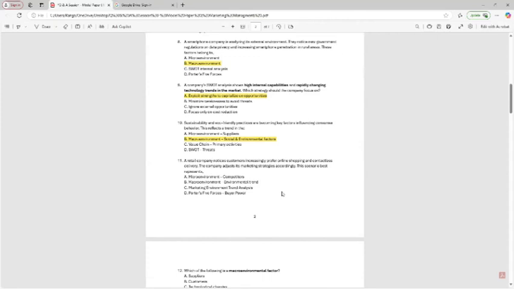The company adjusts its marketing strategies accordingly. This scenario best represents: microenvironment competitors, macroenvironment and environmental trend, marketing environment trend analysis, Porter's five forces buyer power.